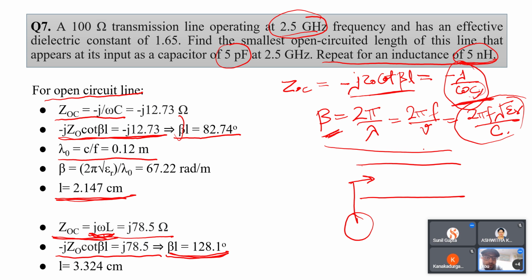So you will get the value of line length of this transmission line, where you will get the inductance. So that's how you have to proceed with such a question. Any doubt in this question? No, sir. It's fine. Okay.